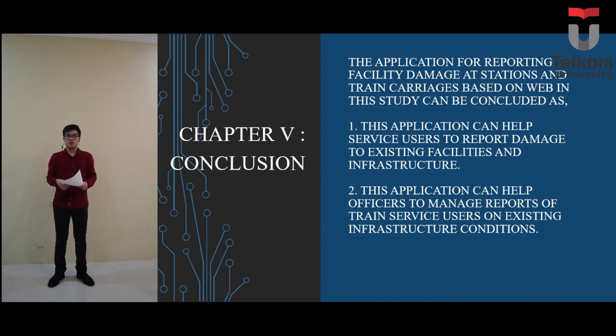This application can help officers manage reports from train service users on existing infrastructure conditions. So this is my report on the facilities damage reporting application at stations and in railcars based on the web.